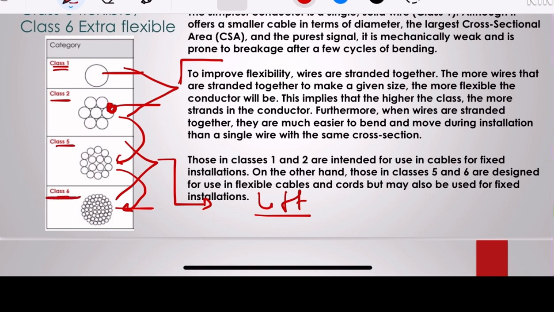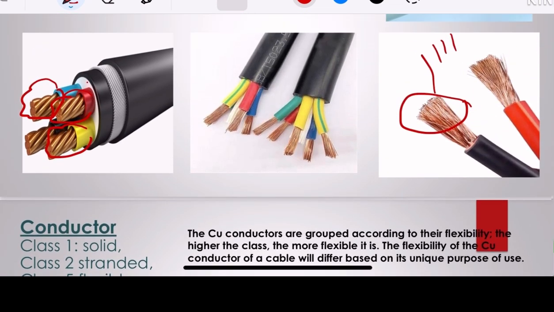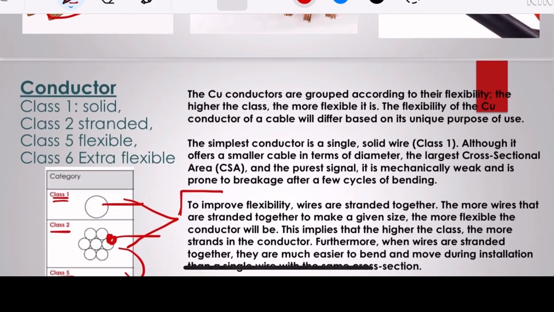For cranes, with the crane movement the cable will move, so we need a class 6 conductor. Okay, so based on the classes, we classified the conductor of the cable.